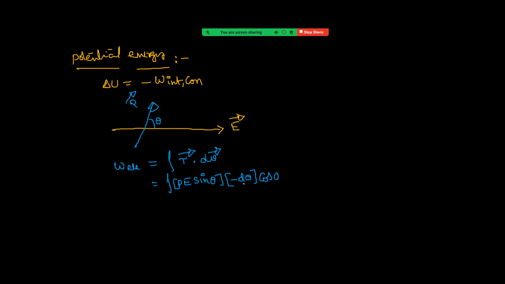Why negative? Because d theta itself is negative, and negative of negative is positive. Torque is clockwise and d theta bar is also clockwise. Since both are clockwise, the angle between them is 0, so cos 0. I hope you got clarity. Now go for the next step.